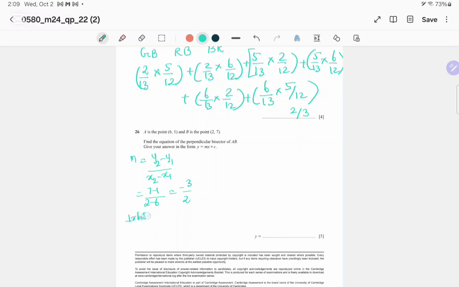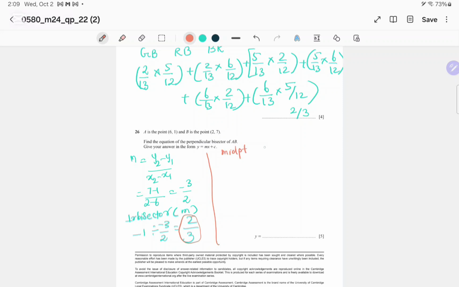It's a perpendicular bisector, so what we will do? Minus 1 divided by minus 3 by 2, which gives 2 by 3. The perpendicular bisector m is calculated. This is your m value. Now the next part is the midpoint. How will you calculate the midpoint?